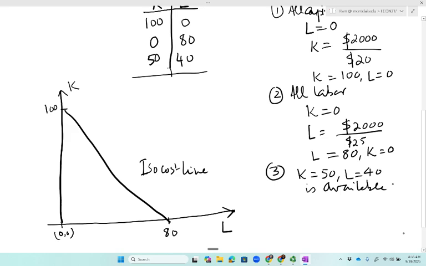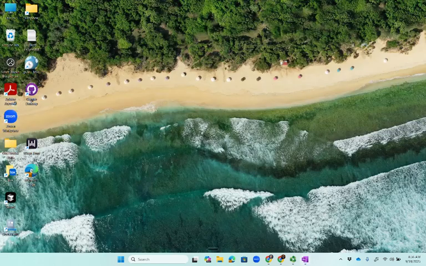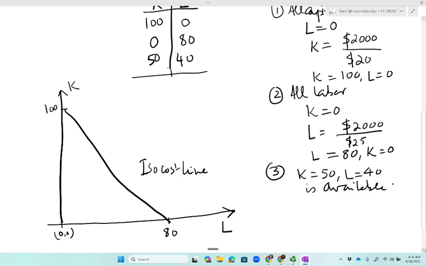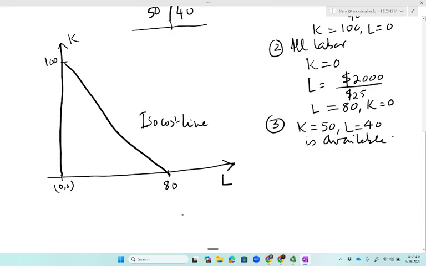Iso means equal, cost. So any point on this straight line is leading to an expenditure of exactly $2,000, and the firm is able to hire non-negative amounts of capital and labor.